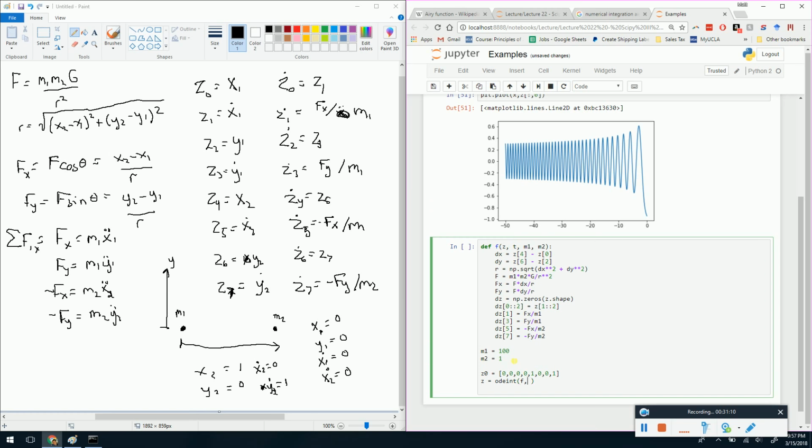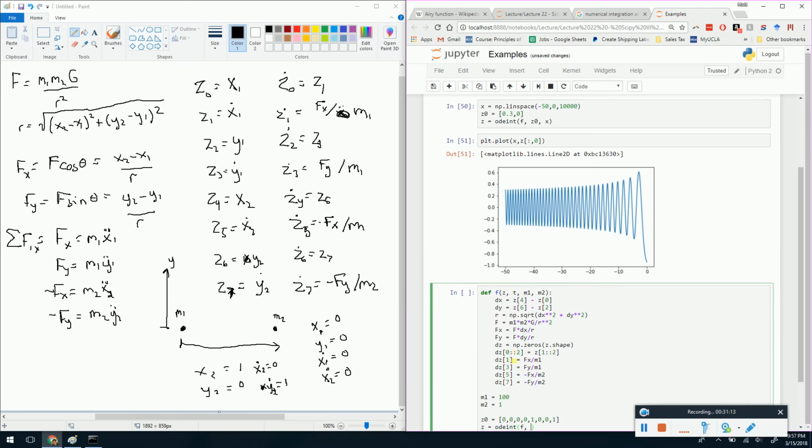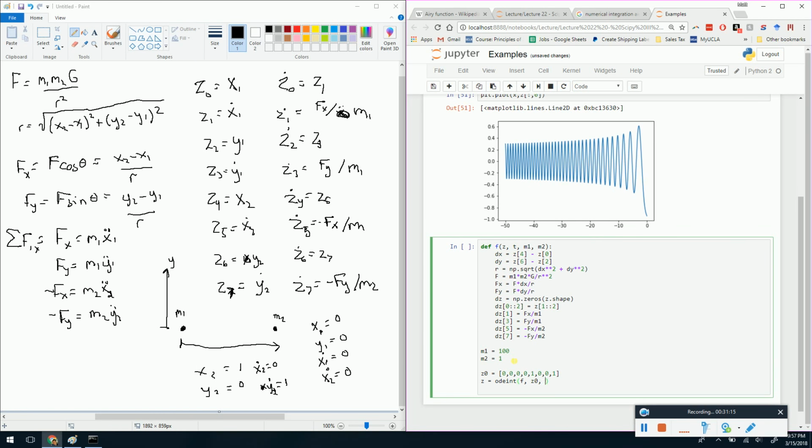So let's start with z0, and we'll go from time NumPy dot linspace from 0 to, I don't know, 10. We'll see where it's going and how fast it seems to be moving. 0 to 10 in 100 increments, and t. And so z is going to give us all kinds of stuff.